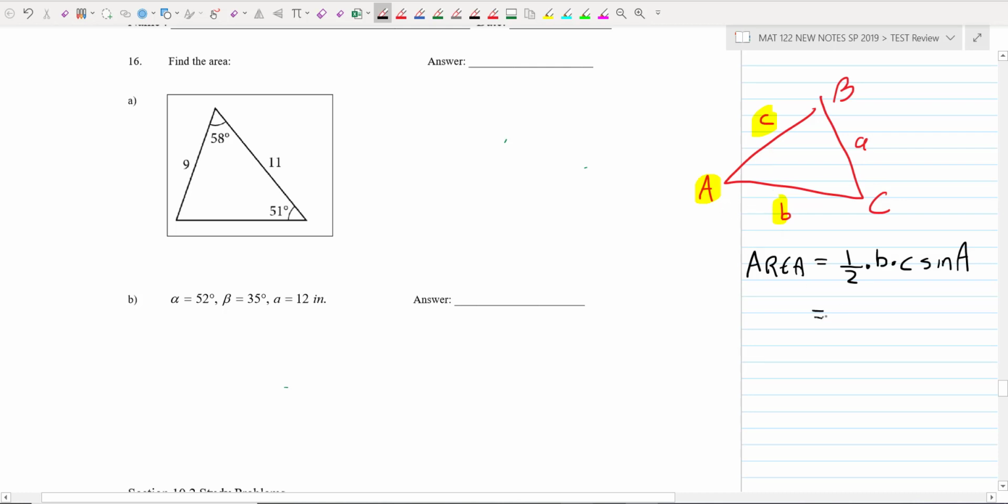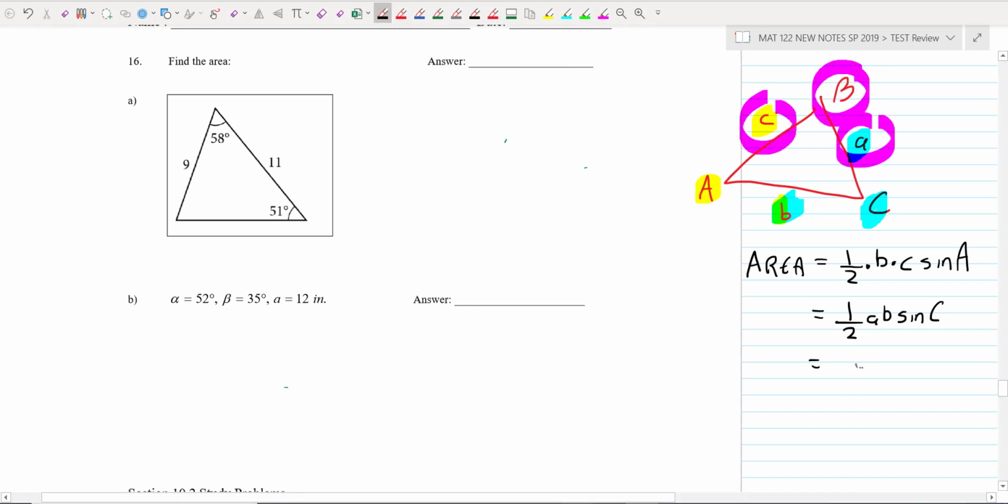The other way you could do this is 1/2 times, and then I'll highlight this like this, ABC. Side angle side. So what you would have there is 1/2 AB sine of C. Or the third way to do this would be like this. You could go side angle side like that, so you would get 1/2 AC sine of B.